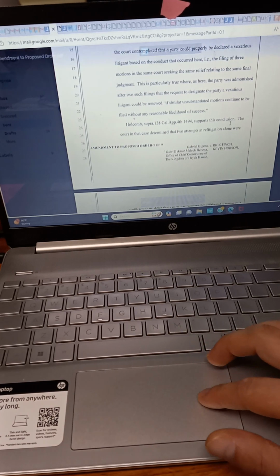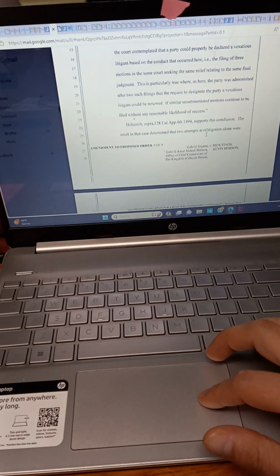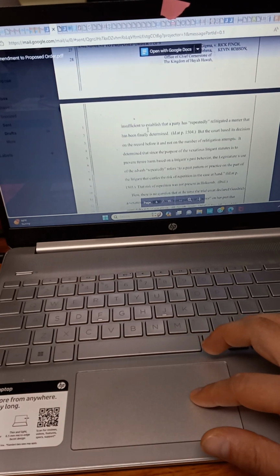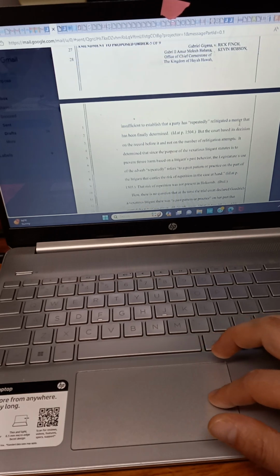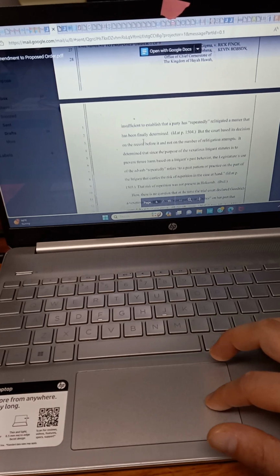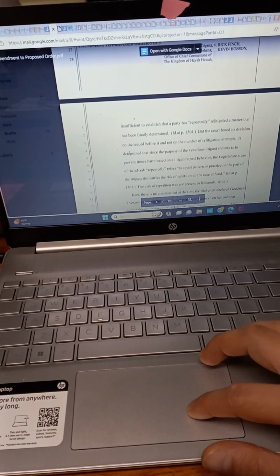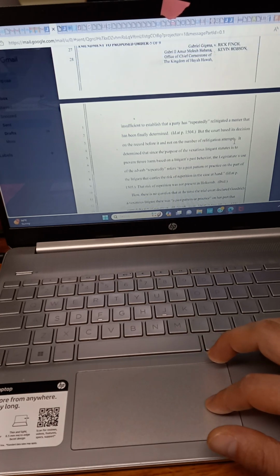Holcomb supports this conclusion. The court in that case determined that two attempts at relitigation alone were insufficient to establish that a party has repeatedly relitigated a matter that has been finally determined. But the court based its decision on the record before it and not on the number of relitigation attempts.